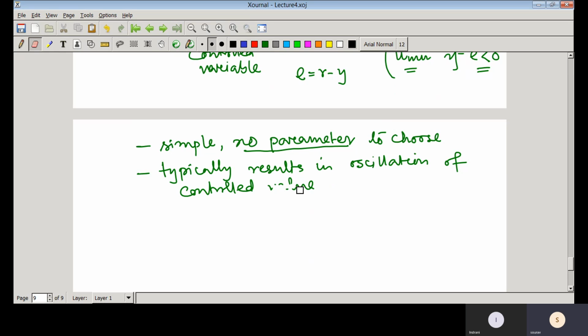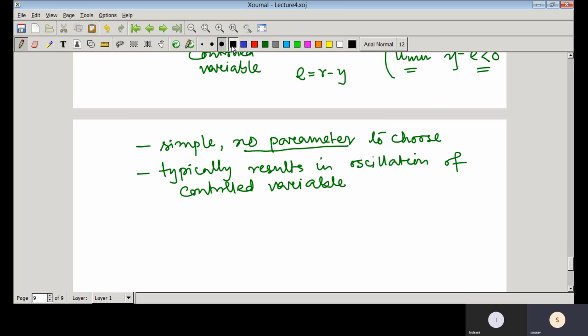The reason is that whenever the error changes, once it becomes positive and again becomes negative, U changes from U max to U min, U max and U min, and there is a discrete jump. So there is an oscillation in the controlled variable. This is one of the disadvantages of on-off control. If we are interested in a smooth output from on-off control, we cannot have it.